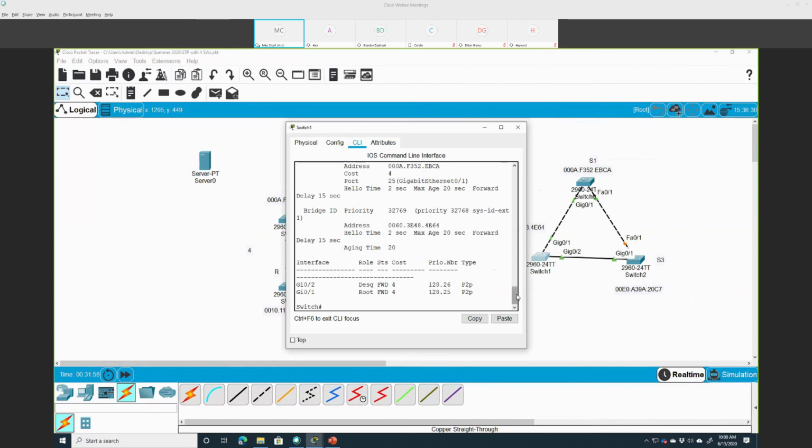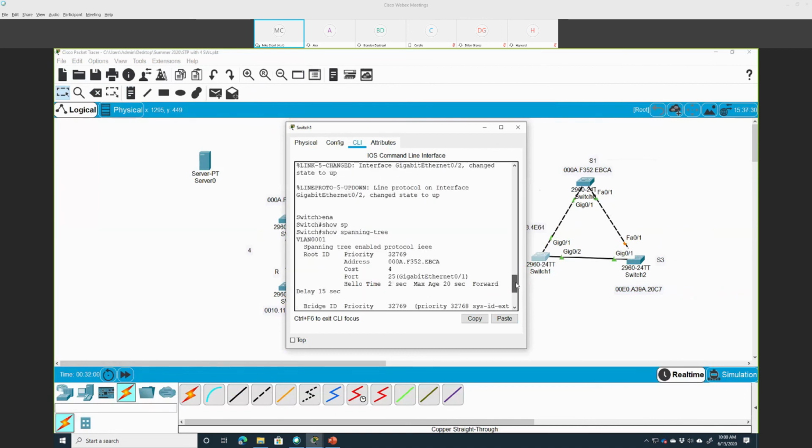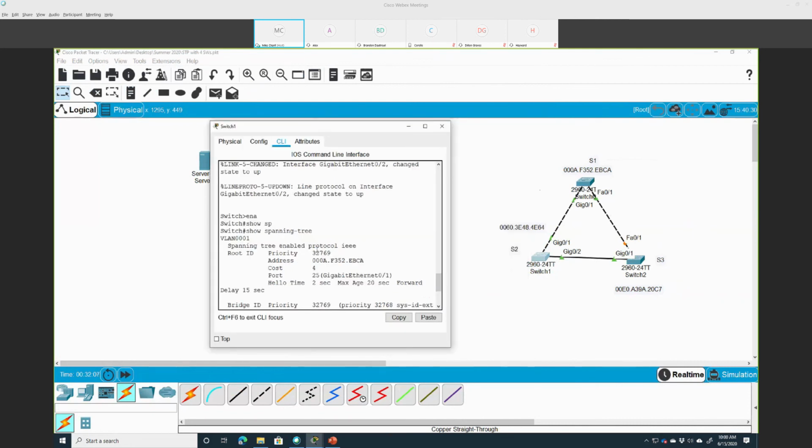Okay, so this tells me the guy with this MAC address is the root bridge. Yep. Which is EVC. See that? So actually it's still S1 the root bridge.